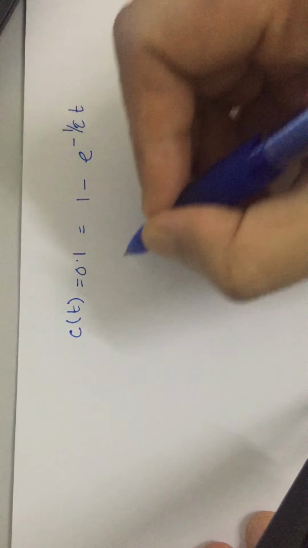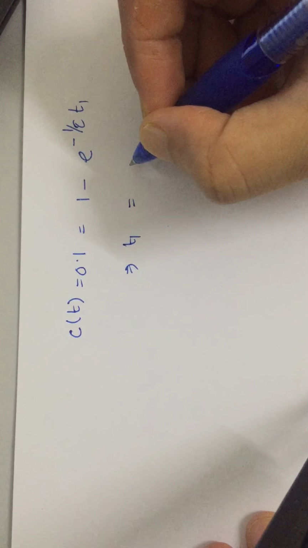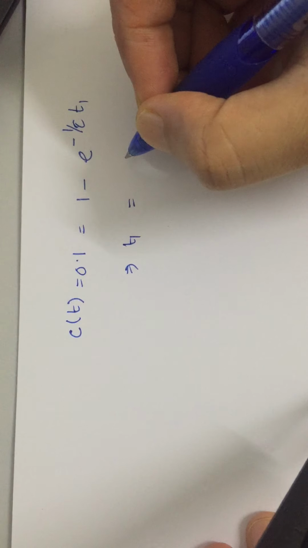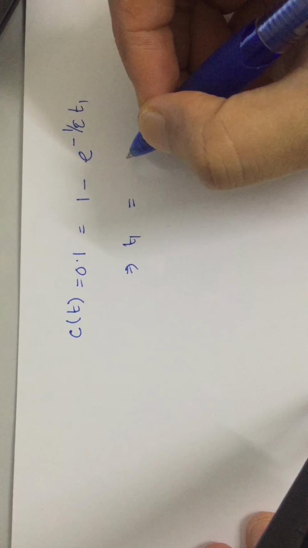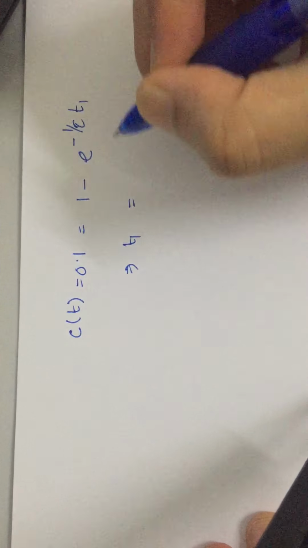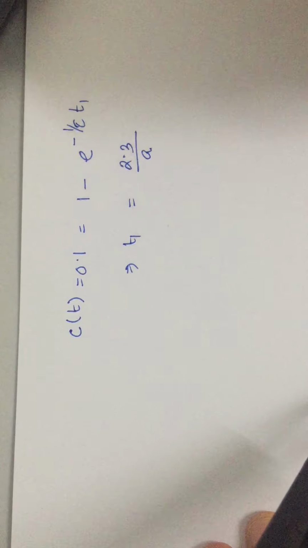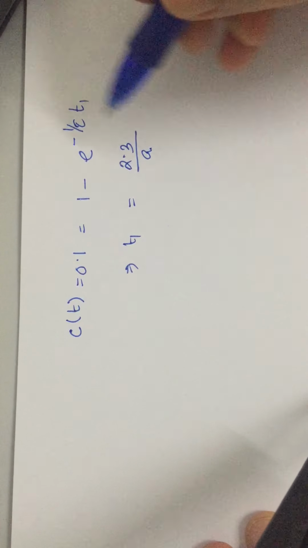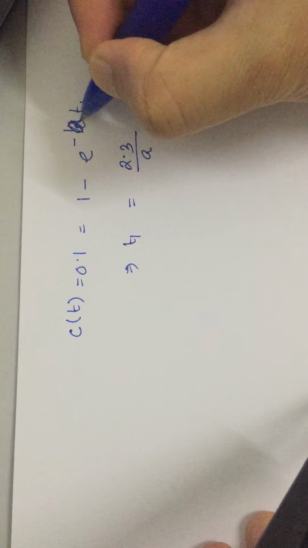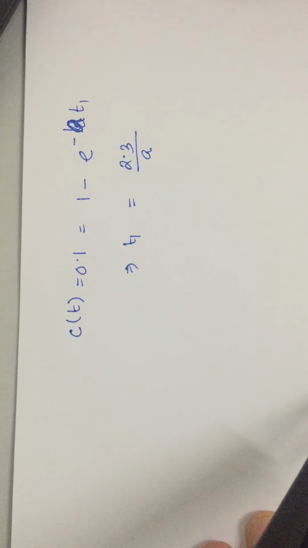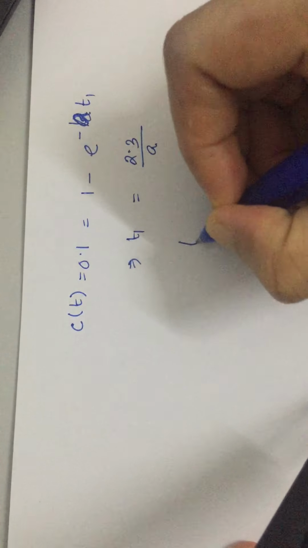If you solve like this, let's say this is t1, I calculated I think 2.3 over a. Don't be confused with the a and tau. It doesn't matter, because a and tau are reciprocal.